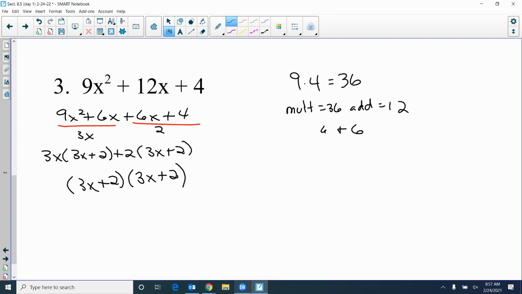Now, when this happens, there's a little bit of a clue, and if you see this, it can make the work a little bit easier. This still works. You can go through all this, but I want you to take a look.